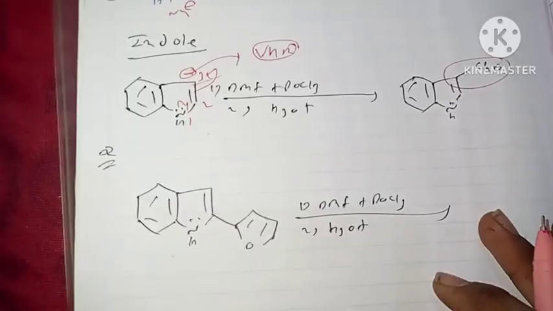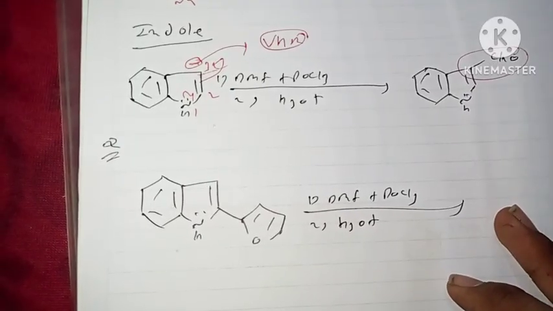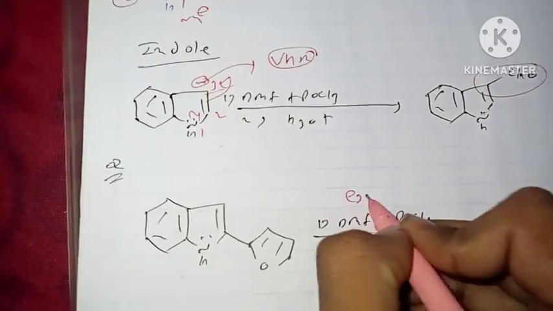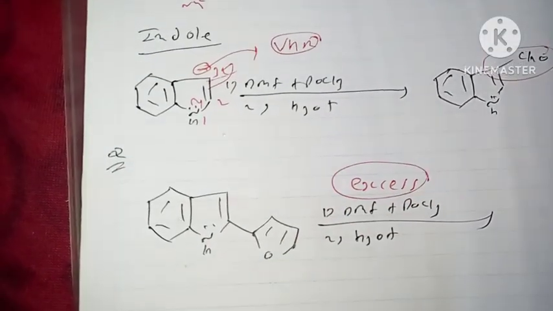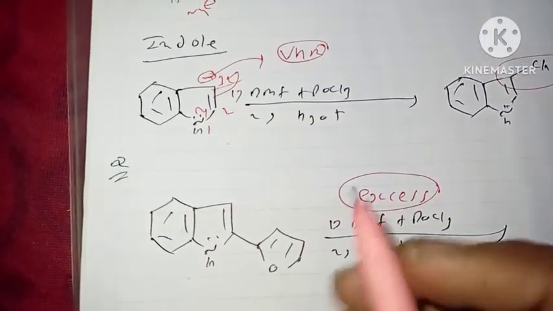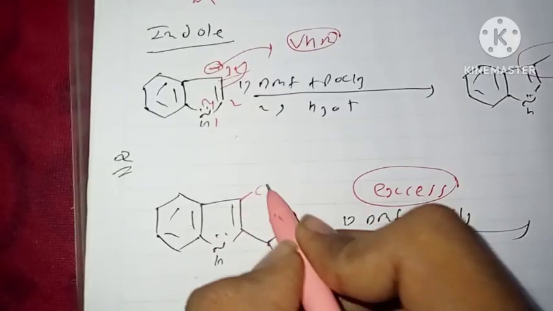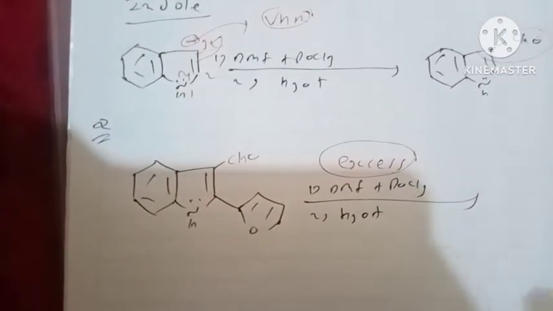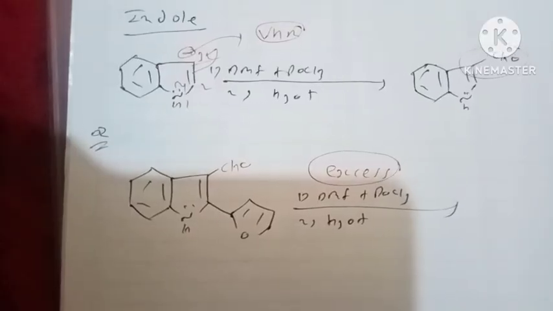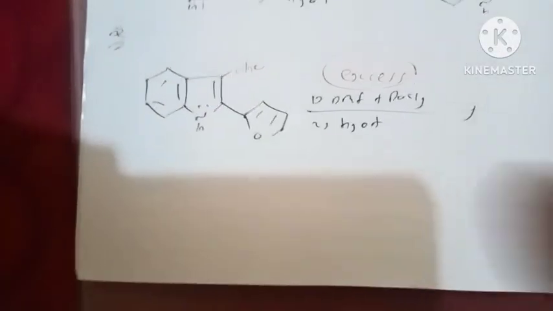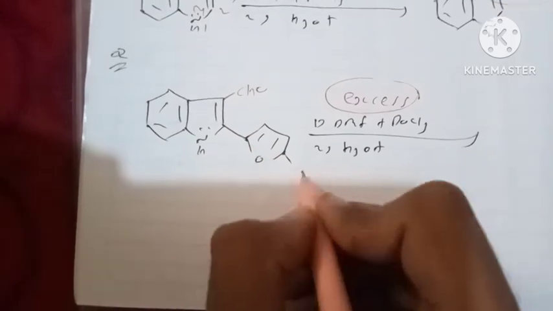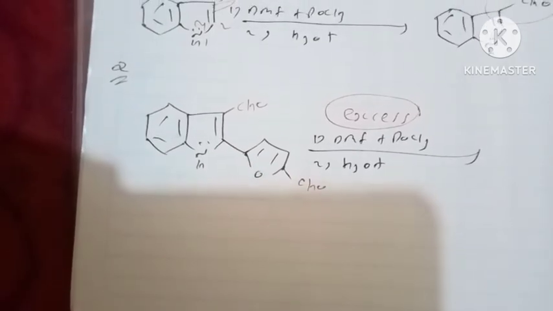If we take excess of this reagent, we get formylation at the third position, and over here one more at this second position, because this second position is now blocked.